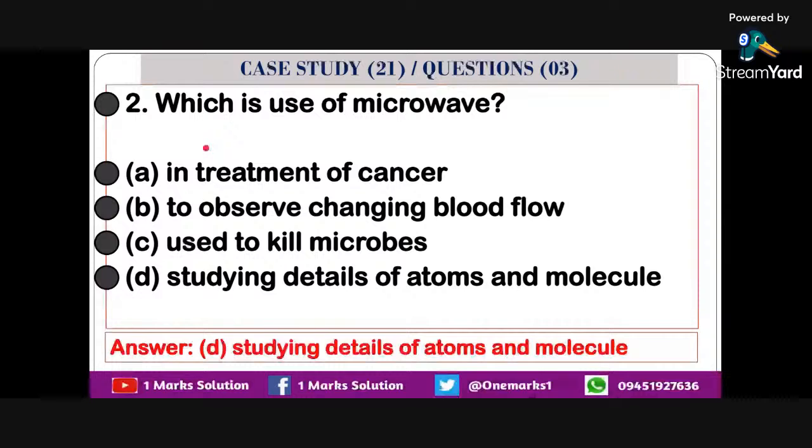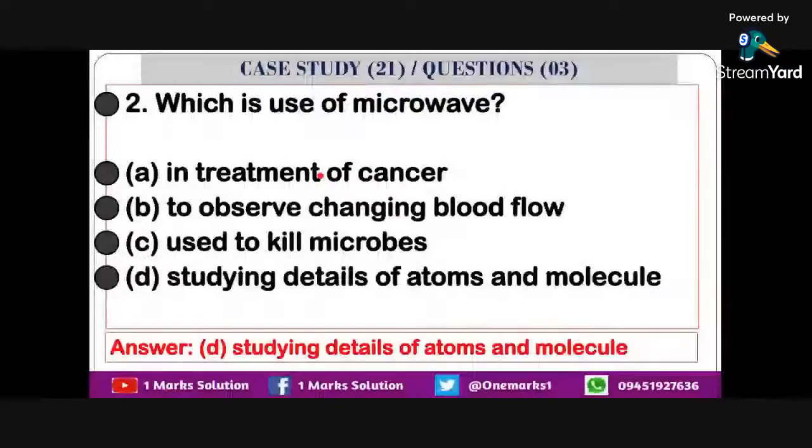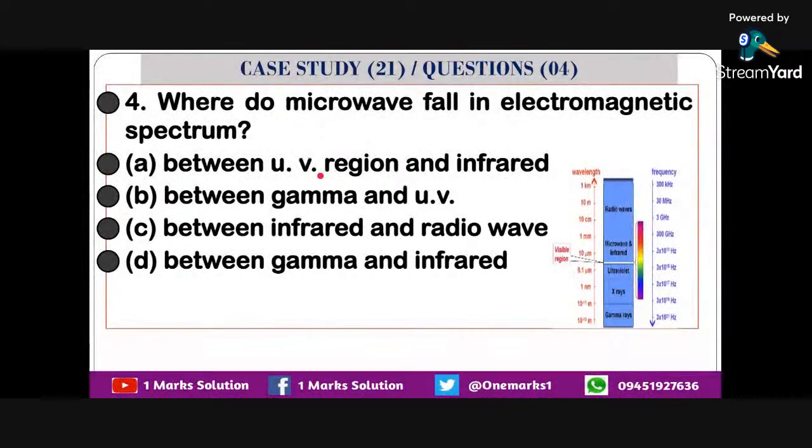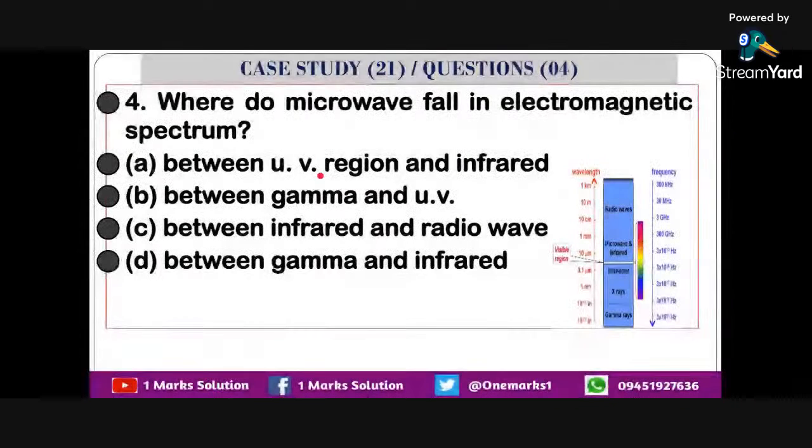Now, next question we can say, where do microwaves fall in the electromagnetic spectrum? Just a minute. Yes. Where do microwaves fall in the electromagnetic spectrum? We will see in which area.